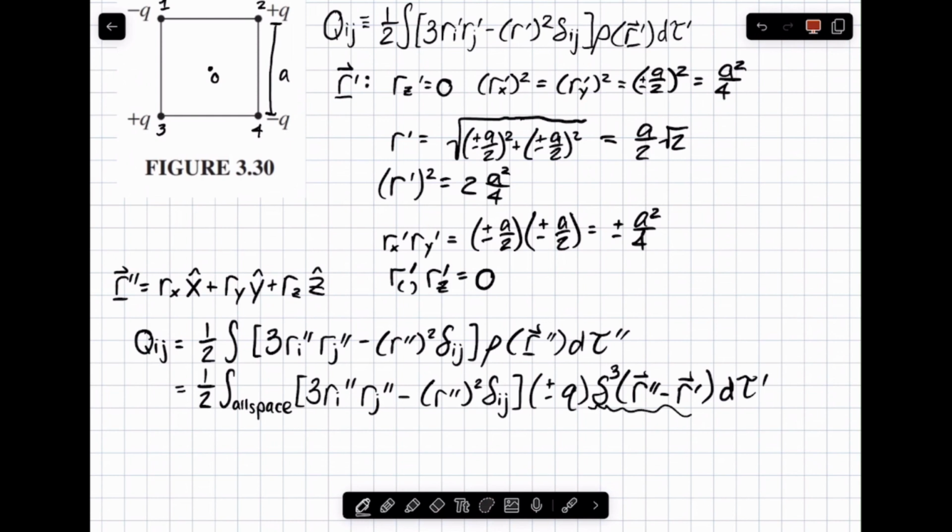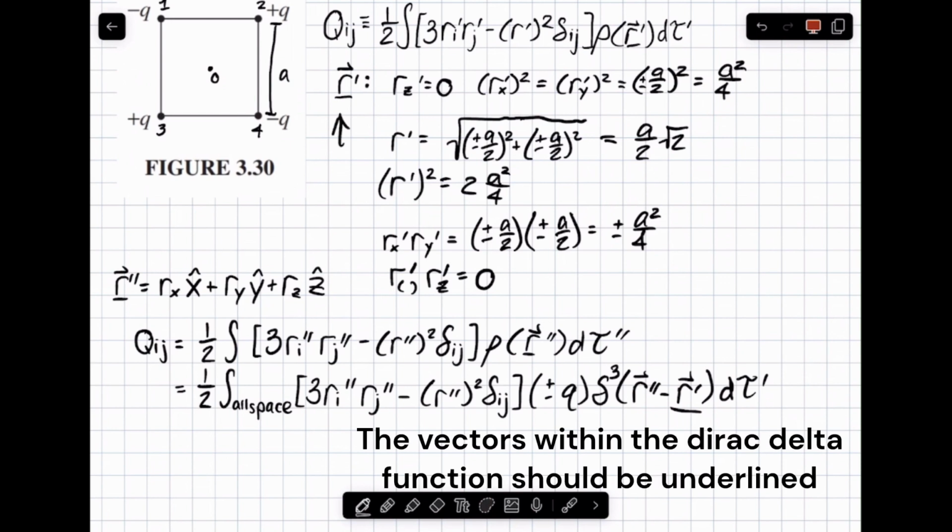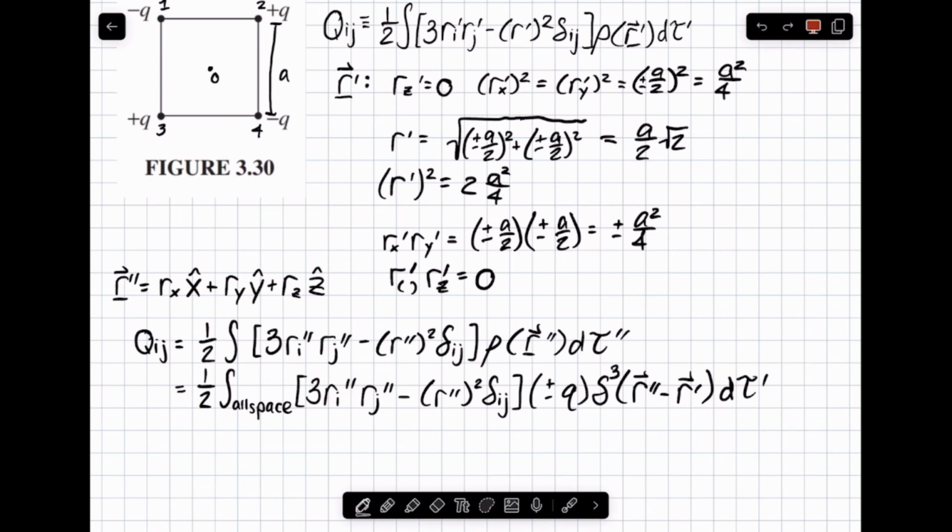So what this Dirac delta function is basically saying is what I just stated, that rho is going to equal plus or minus q only at this r prime vector that I defined earlier, this discrete vector that doesn't span all space. The r double prime spans all space.